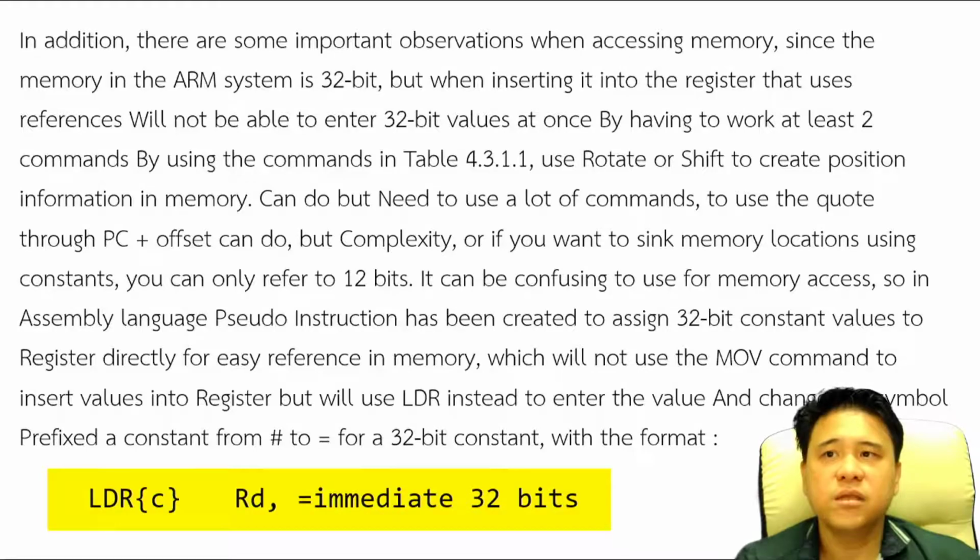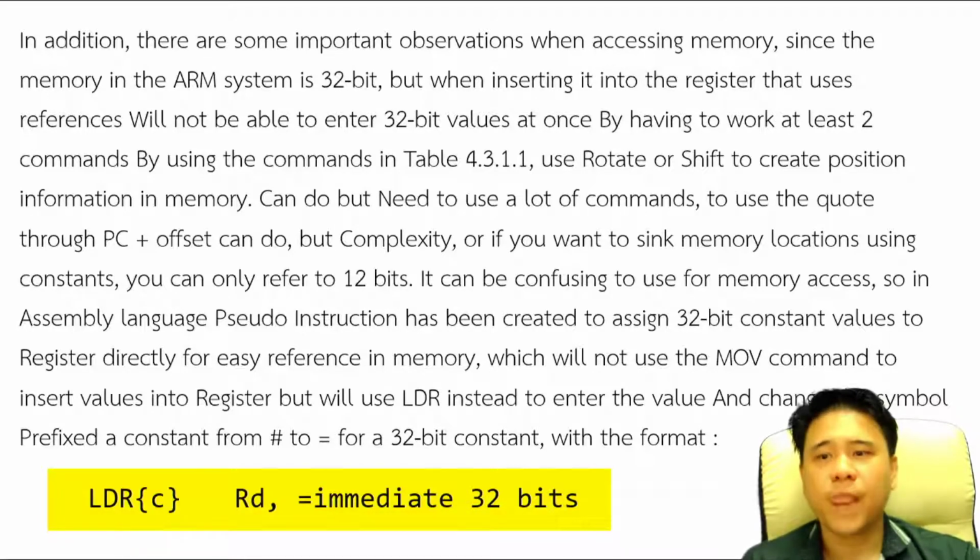But if we would like to store all 32 bits in the register, we can use a load command instead of move. Then we can put the equal sign here.